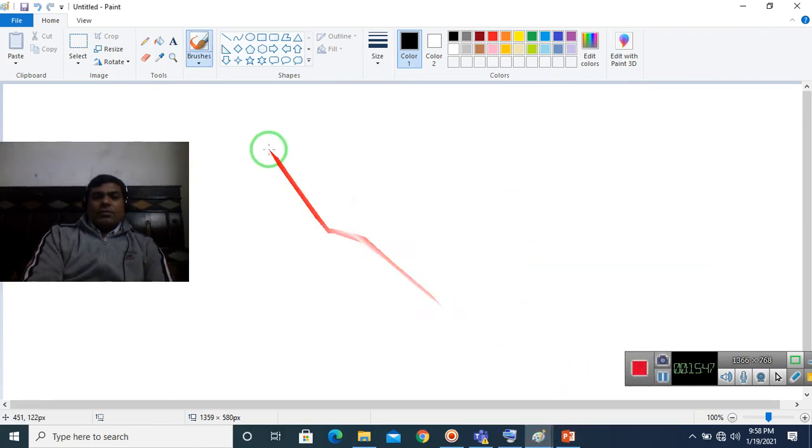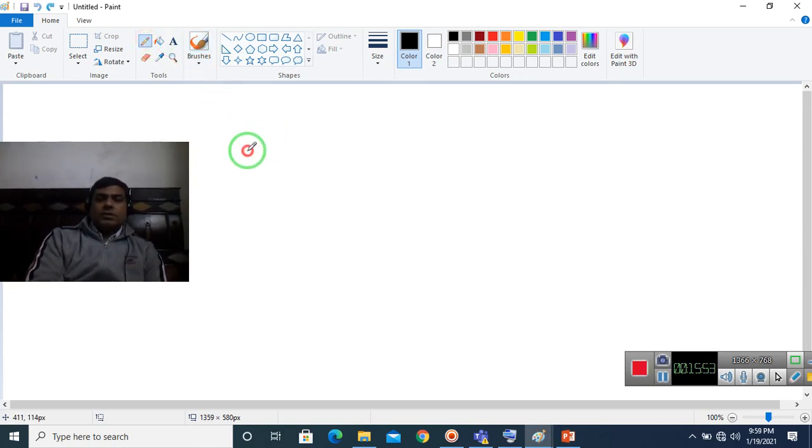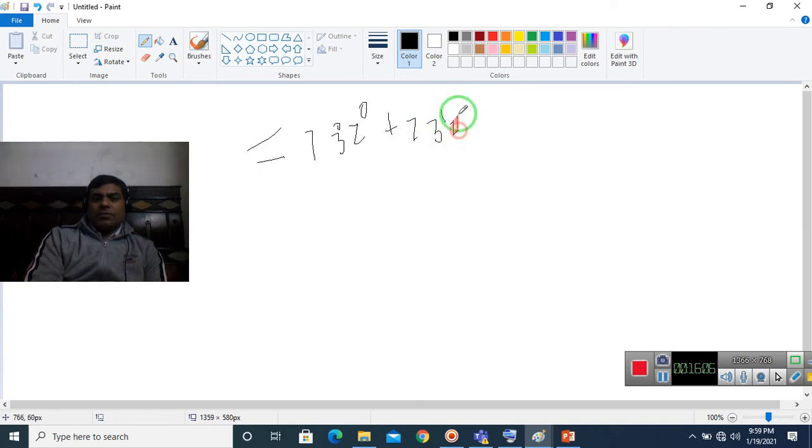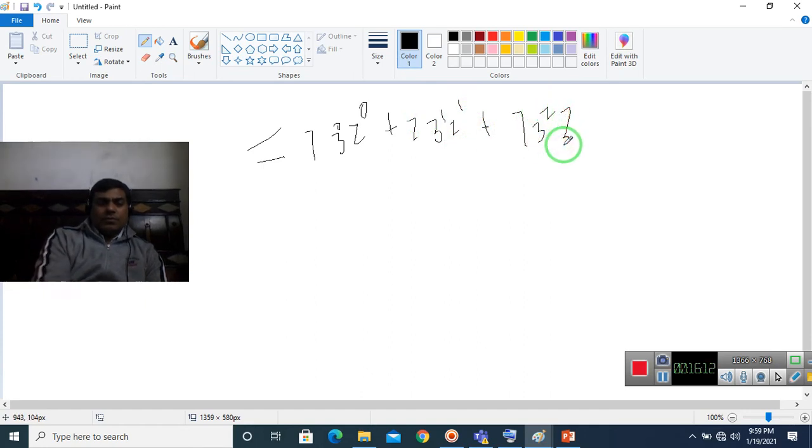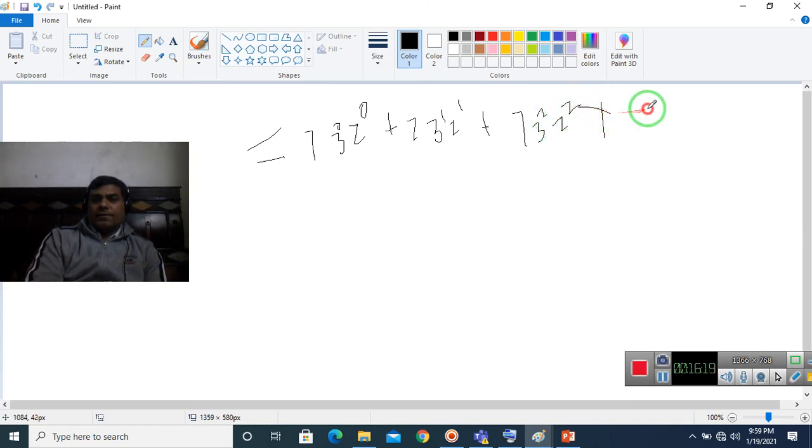Now we have the series, it becomes 7 into 3 to the power 0 z0, 7 into 3 to the power 1 z1, 7 into 3 to the power 2 z2, 7 into 3 to the power 3 z3, and so on, 3 to the power r z to the power r.